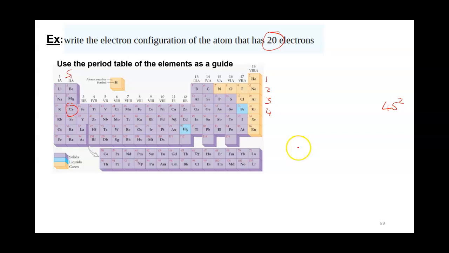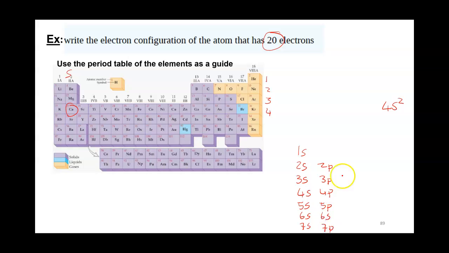Now I'm going to write out the Aufbau diagram, and I'm going to begin by writing 1s all the way down to 7s. And then for the second column, I'm going to start writing 2p all the way down to 7p.